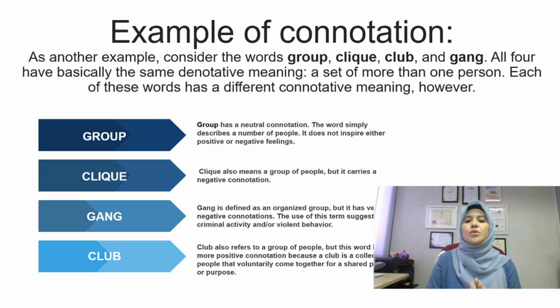Gang also gives a negative connotation, whereby it is an organized group, usually for something negative and also violent. Club is more positive, more to things that people do together for the benefit of others too. So these are examples of connotation.